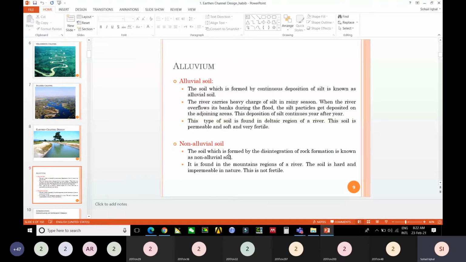So with the passage of time, the suspended particles accumulate at the point where velocity reduces.